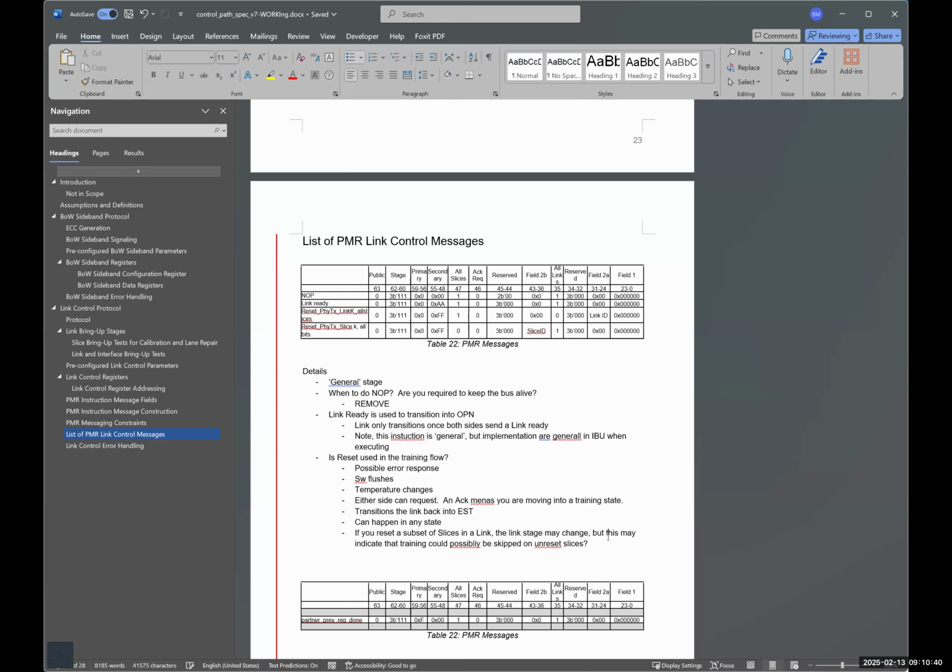In that case, if something goes bad on one of the slices, you only have to reset the slices that belong to that data link, the group of slices over which the data is transmitted. The other data link can still be active and transmitting. So you only reset a part of the link and not the whole thing.